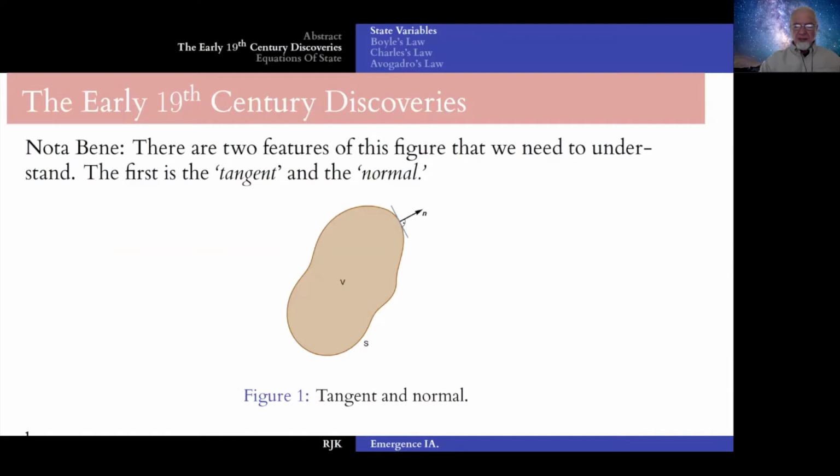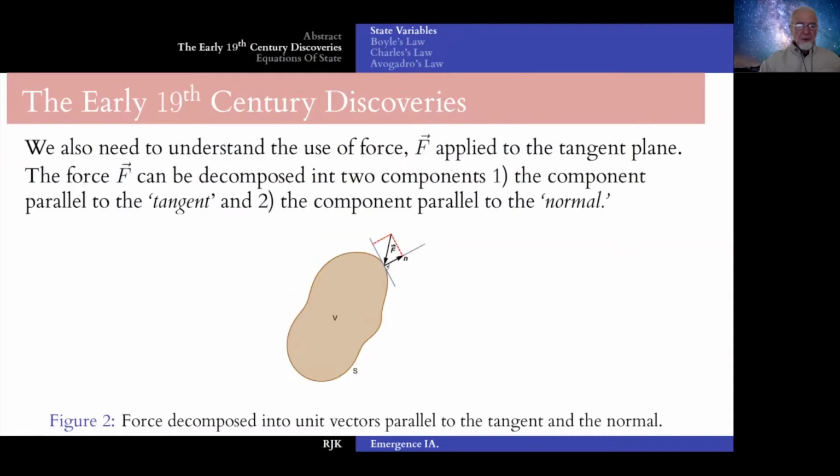The first thing you need to do is understand about the tangent and the normal. So this line, which just touches that balloon or potato, whatever you want to call it, which has a volume V, is the tangent line, and perpendicular to it is the normal line. And the reason that that's important is that forces may not apply orthogonal to the object.